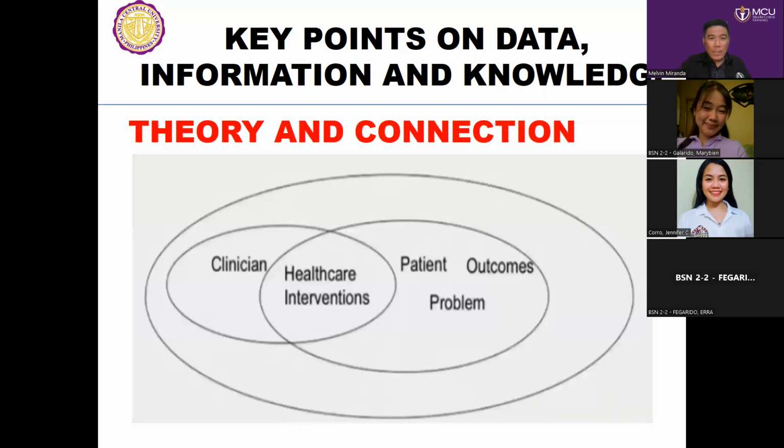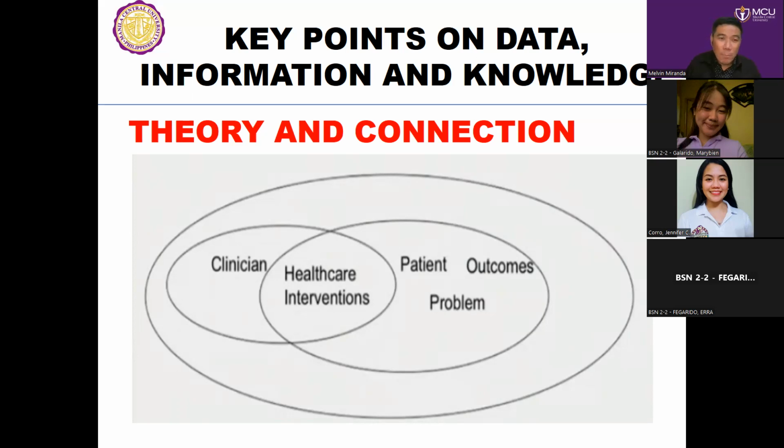Now, when we are considering the theory and connection, it is very important for us that data, information, and knowledge are interconnected with each other, because the clinician refers to our profession as nurses. The healthcare intervention refers to the measures that we have done for our patients, and the patient outcomes refer to the results of care management, and the problem itself is the health issue that has been identified.